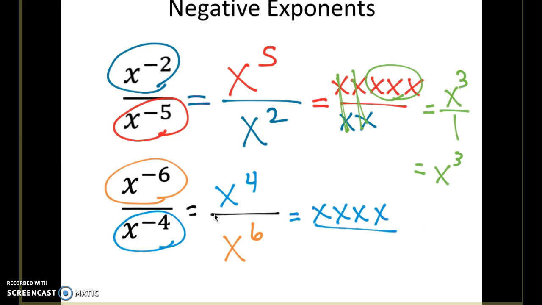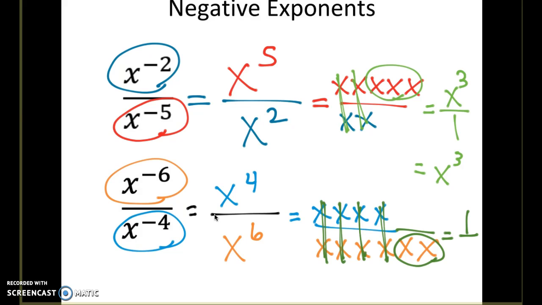Before we can actually expand it out, we have to make sure the exponents are positive, because you're not going to be able to write x negative 6 times. It's not possible, which is why we have to change the location. So we can eliminate 4 of the x's, and we have x squared left over. So my answer will be 1 divided by x squared, which will be equivalent to this answer here.